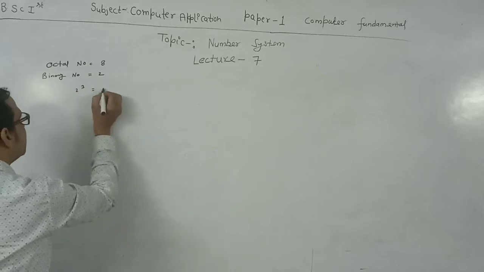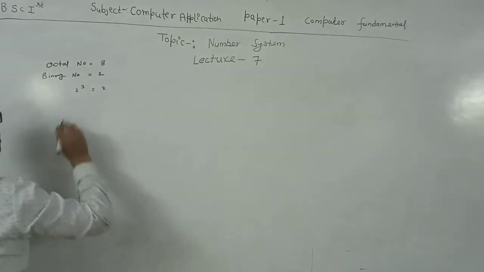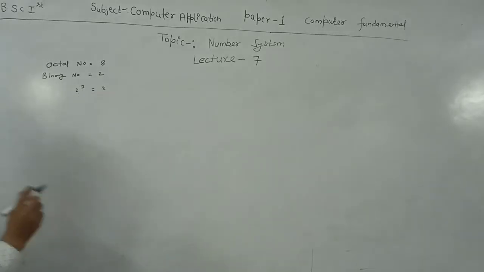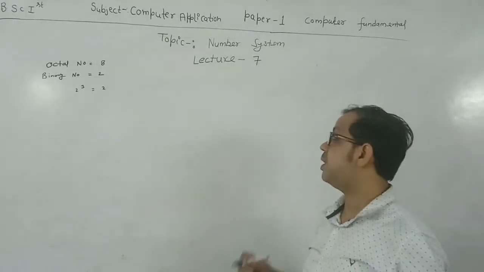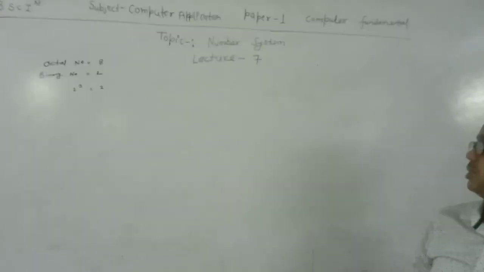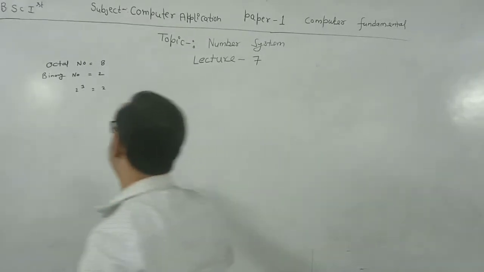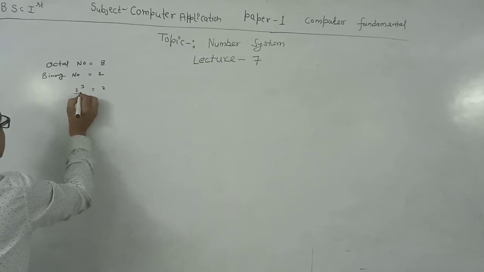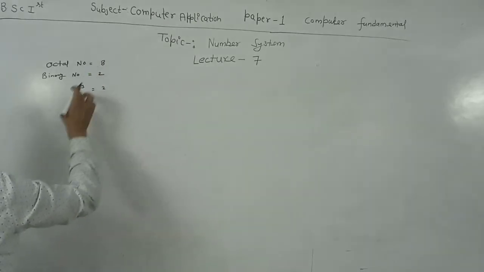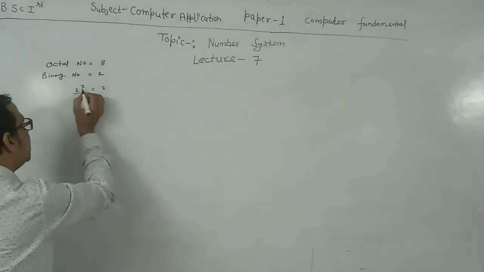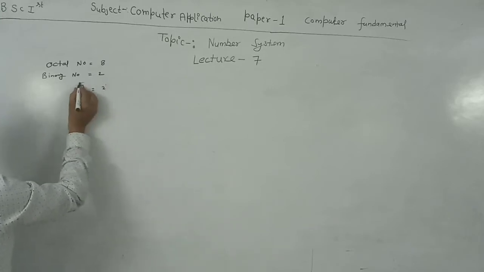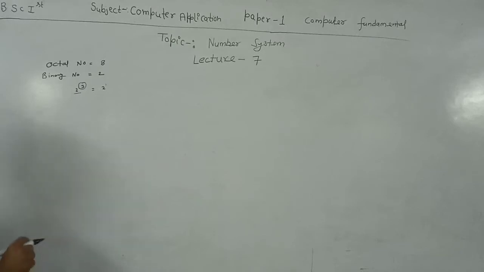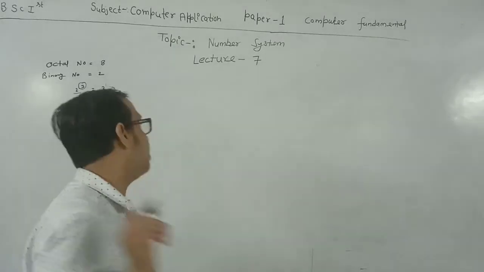This is 2 to the power 3 and this one is 2. So to represent an octal number in binary, we need 3 digits, because the octal base is 2 to the power 3 and the binary base is 2 to the power 1. So we require 3 binary digits to represent one octal digit.